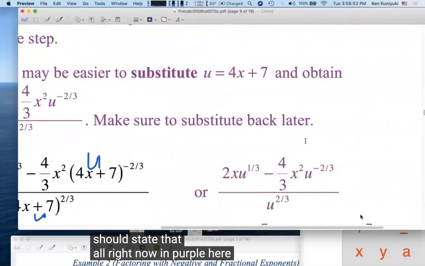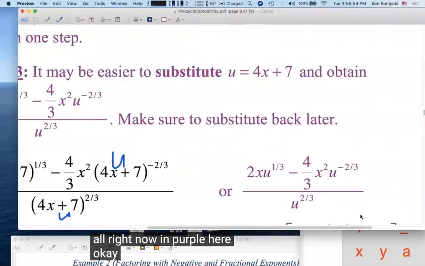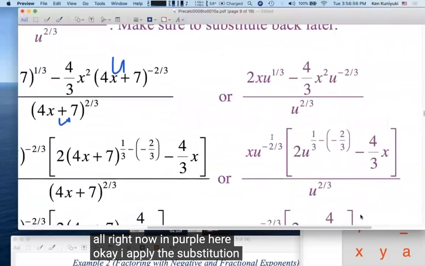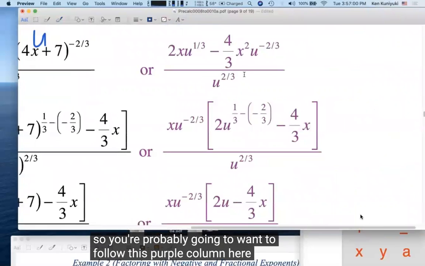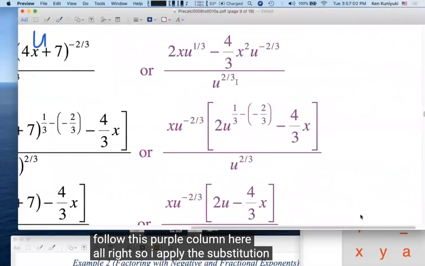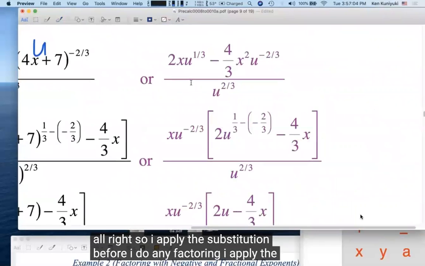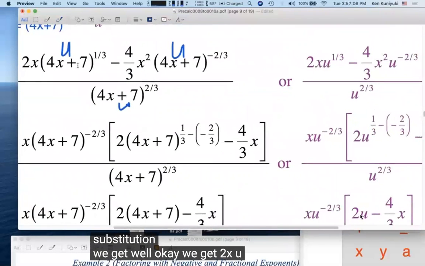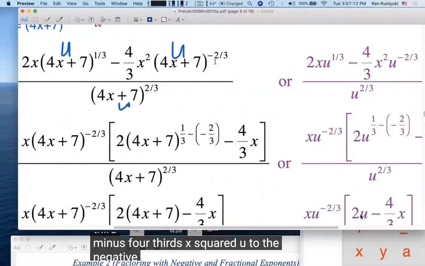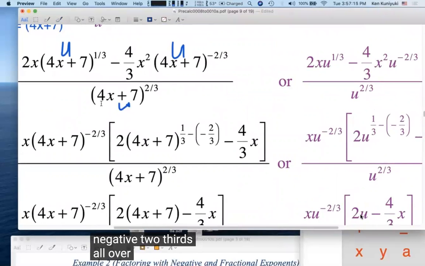Now in purple here, I apply the substitution. So you're probably going to want to follow this purple column here. I apply the substitution before I do any factoring. We get 2x u to the 1/3 minus 4/3 x squared u to the negative 2/3, all over u to the 2/3.